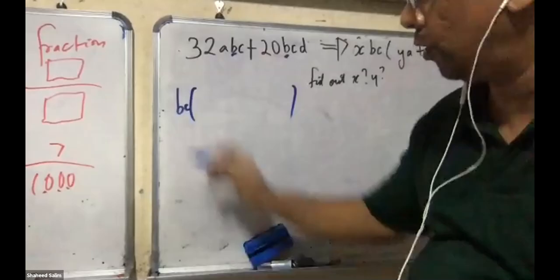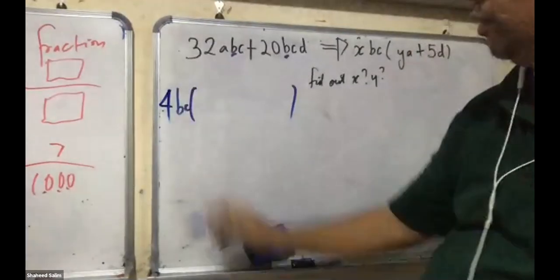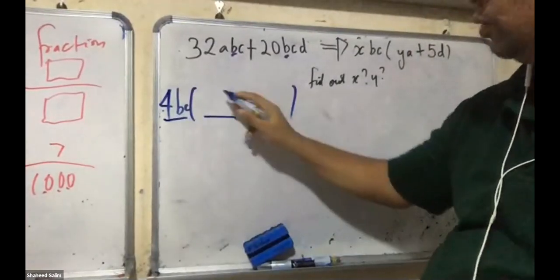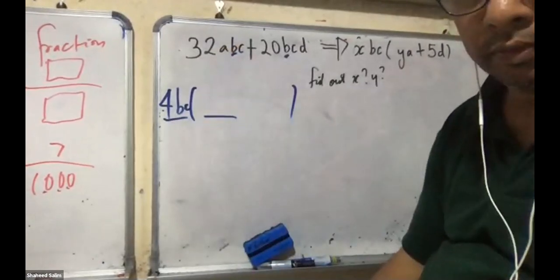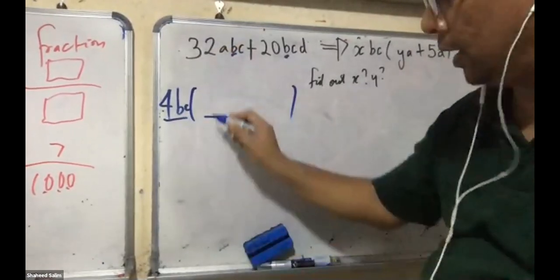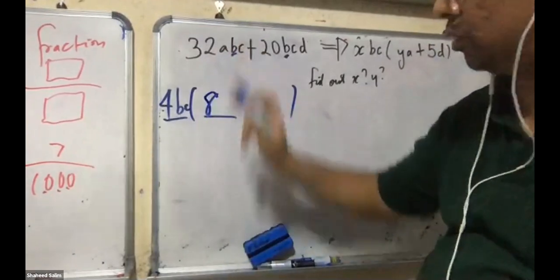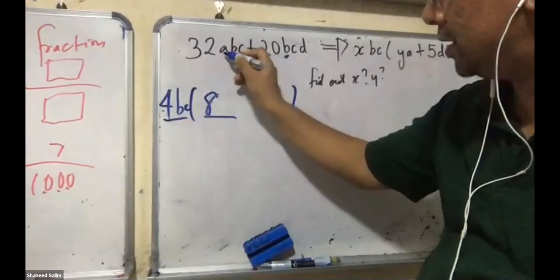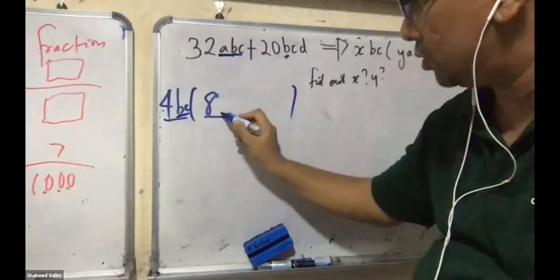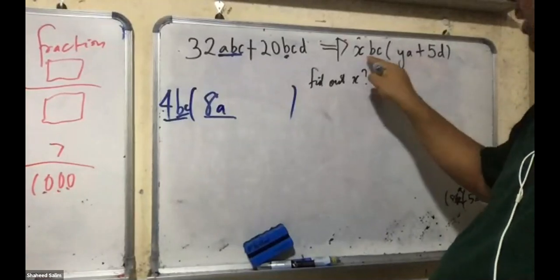4. Good. Now, 4BC times what equals 32ABC? We do the number first. 4 times what equals 32? 4 times 8. BC times what equals ABC? A, good. So notice, you got YA here, XBC.